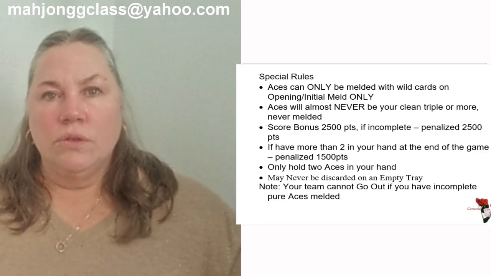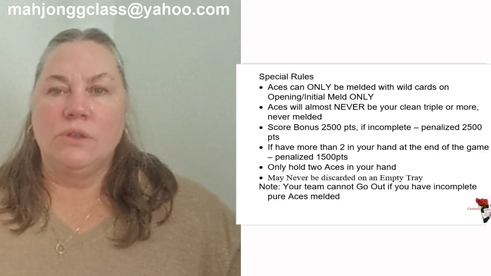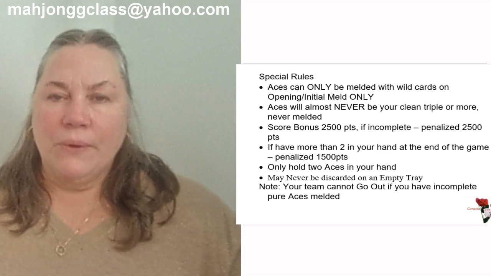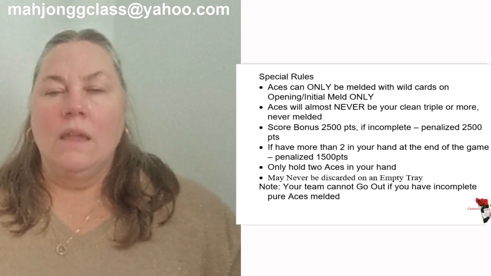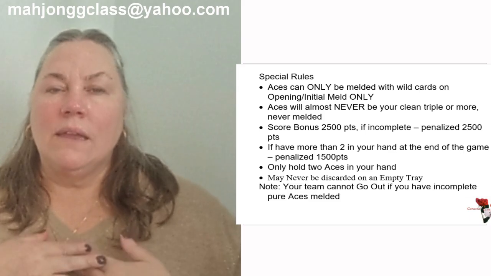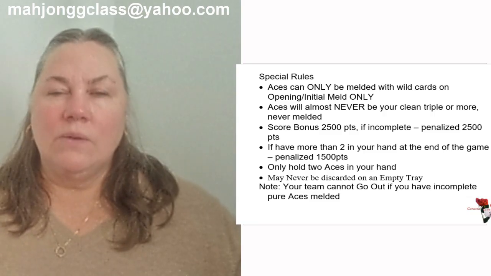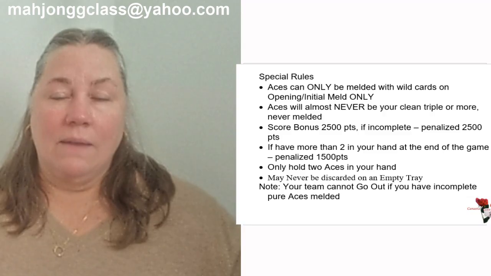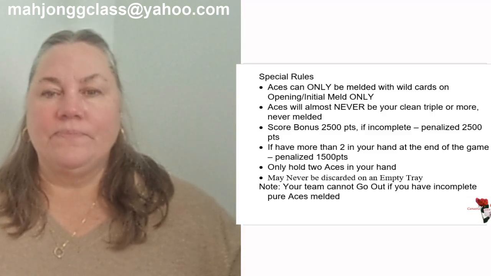It kind of holds true with this as the 7s. If you have more than 2 aces in your hand at the end of the game, you will be penalized 1,500 points. That is on individuals per team. So again, if I'm holding aces, I have more than 2, and my partner has more than 2, I'm going to get a penalty of 1,500 points for our team, and my partner's getting a penalty of 1,500 points, a total of 3,000.